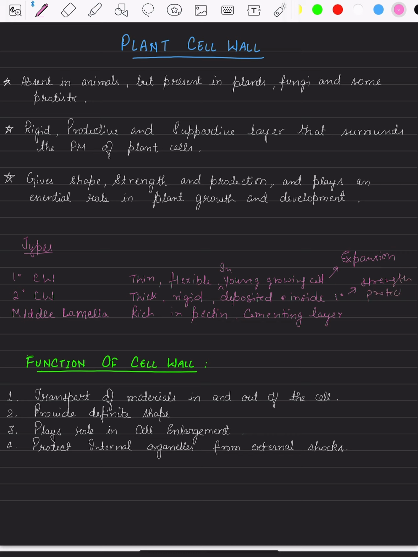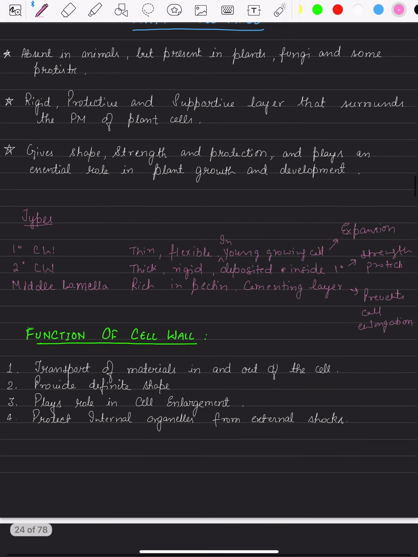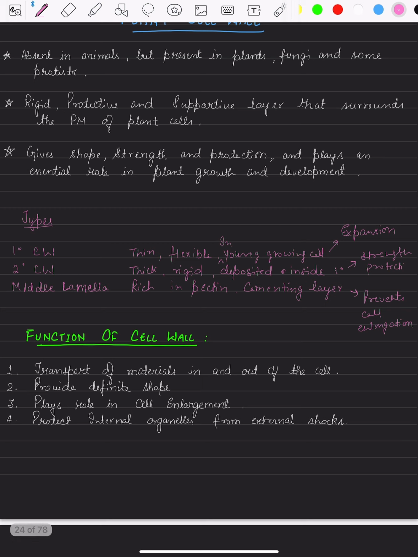Then this particular layer prevents cell elongation. So these are the types, although I will let you know in detail.